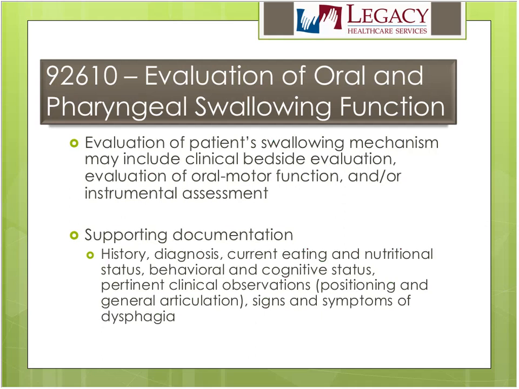So the first code that we'll talk about, we're just going to go in numerical order, is 92610, Evaluation of Oral and Pharyngeal Swallowing Function. So this is what a speech pathologist, or in some cases an OT, would use to describe an evaluation or to bill for a swallowing evaluation.